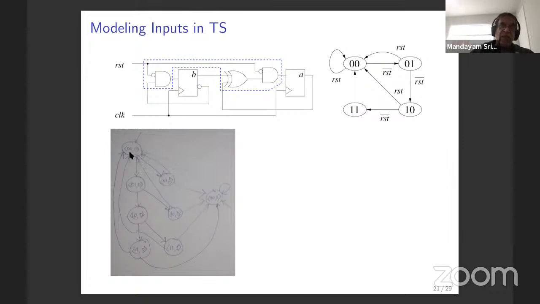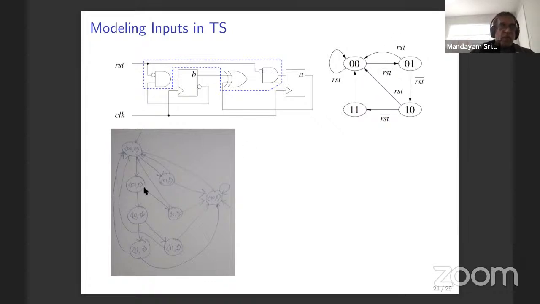As you see here, the state now has an extra bit to denote reset. Obviously there will be twice as many states as shown in the earlier model, since reset is also included.